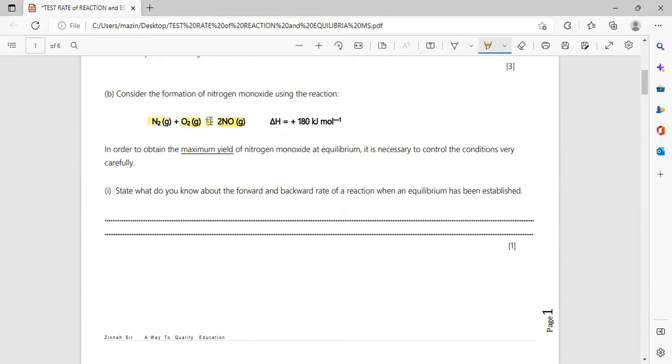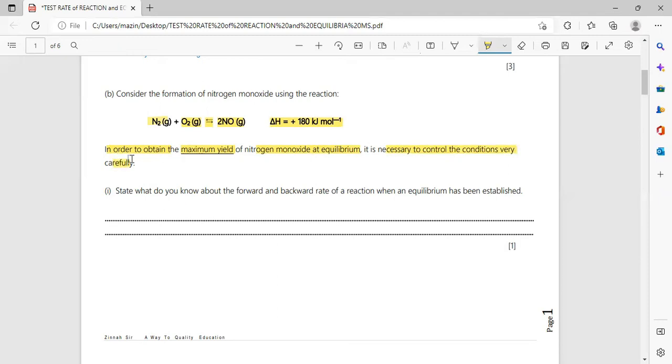This is reversible too, and the forward reaction is endothermic. In order to obtain the maximum yield, a greater amount of nitrogen monoxide at equilibrium, it's necessary to control the conditions very carefully.